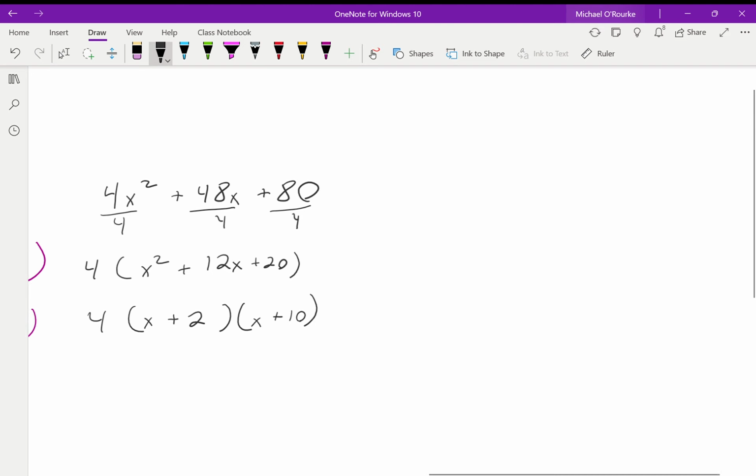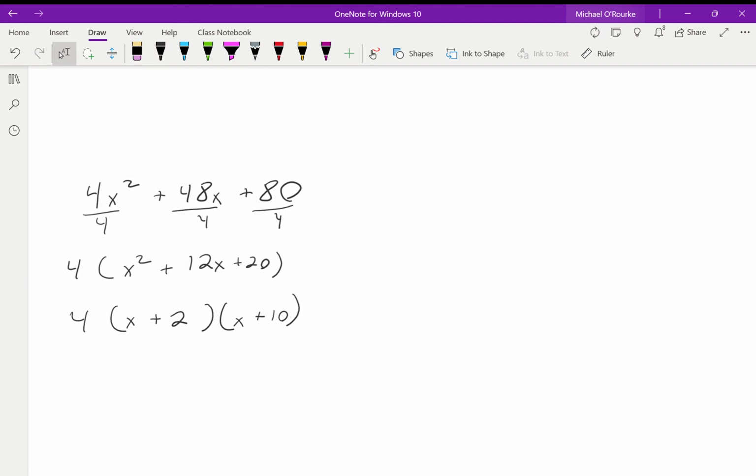All right. Let's make this a little more difficult. We'll put some pluses and minuses there for you. Let's go with 10x squared minus 50x plus 60.